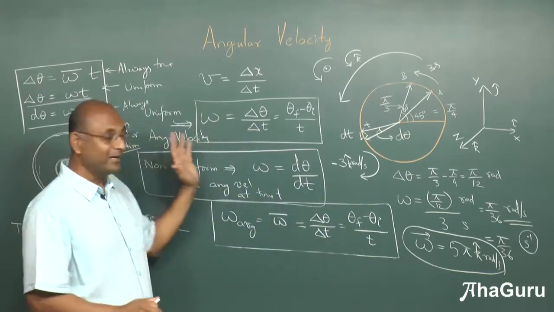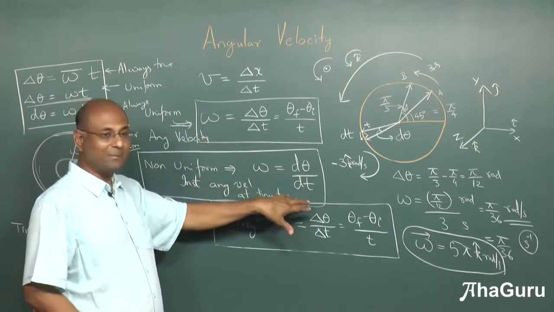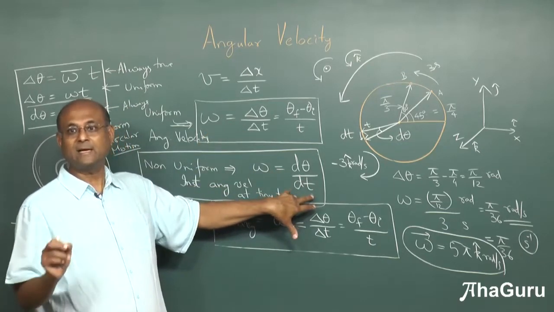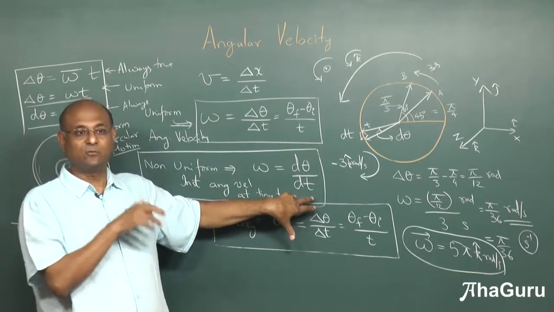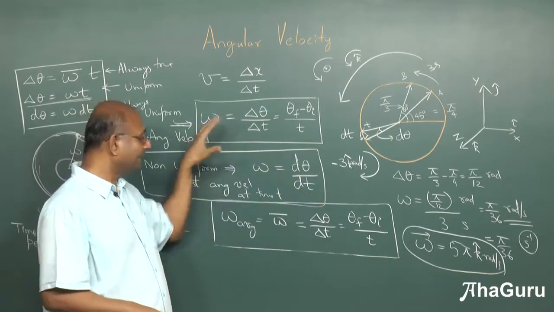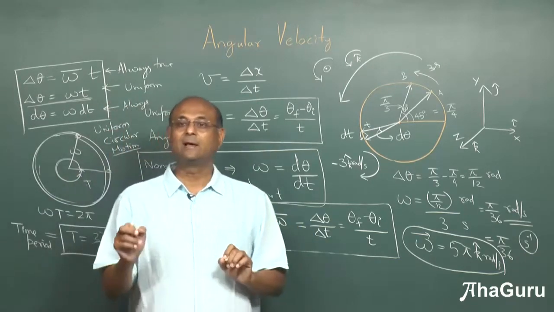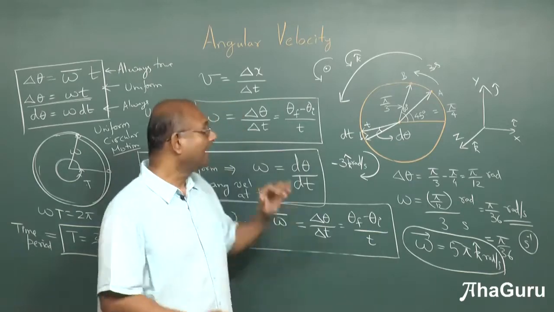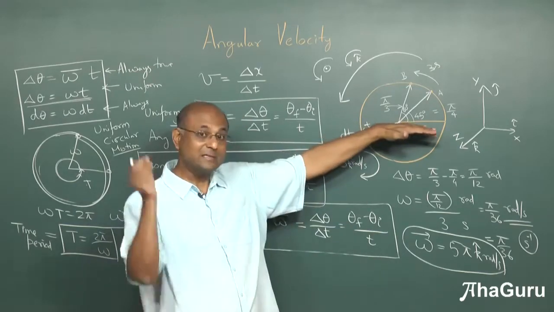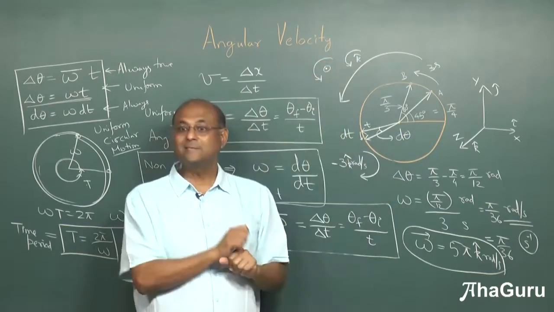So overall, I hope the idea of angular velocity is clear. Remember, angular velocity is d theta by dt if theta is not changing uniformly. If angular velocity is not constant, you have to use d theta by dt. Otherwise, delta theta by delta t will only give you the average value of the angular velocity. And for doing this, you need the stuff that we have learned earlier. That is, if you go around and come back, you don't become zero.